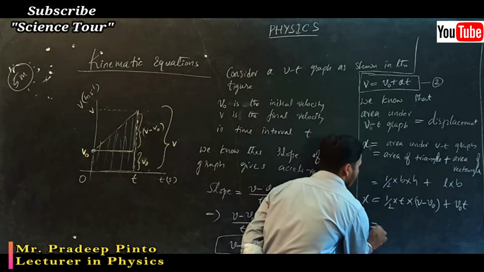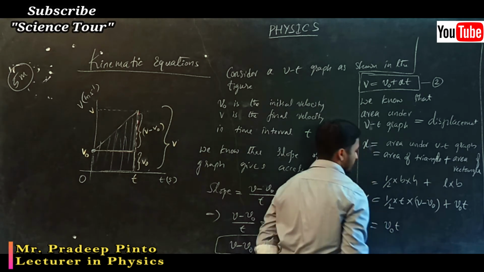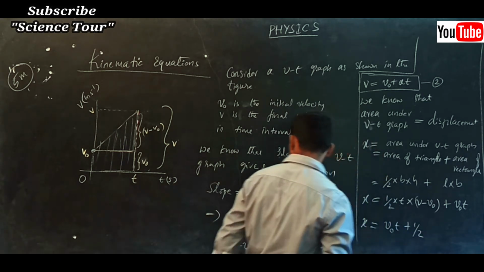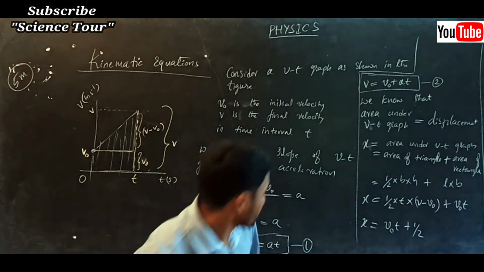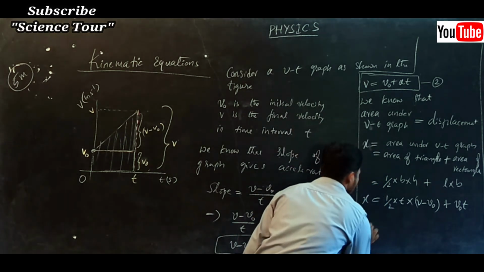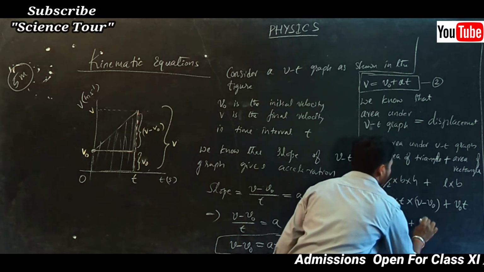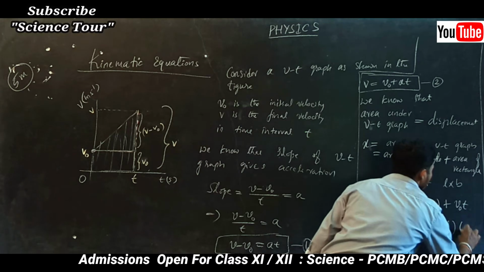So x is equal to V naught into t plus half. V minus V naught, from equation 1 I can write down. I will write down once again here, x is equal to V naught into t plus half into V minus V naught into t.